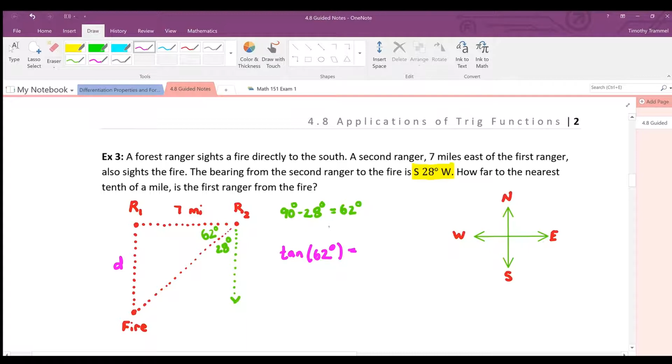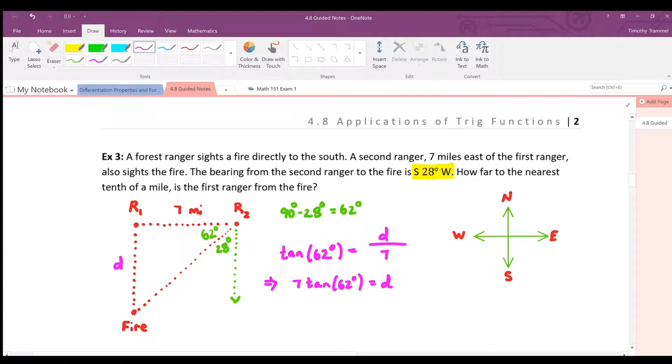Opposite over adjacent. So that's going to be D over 7. Okay. And to solve for D, all we need to do is multiply both sides of the equation by 7. So we get 7 tangent of 62 degrees is equal to D.